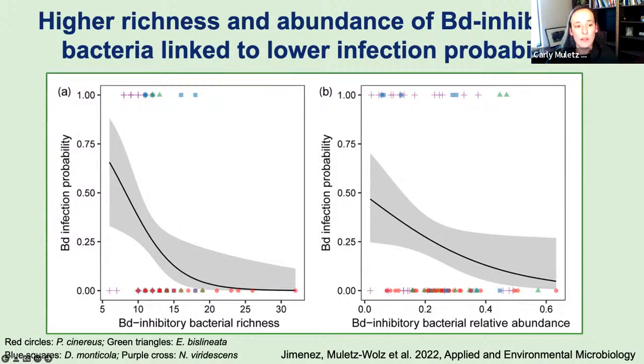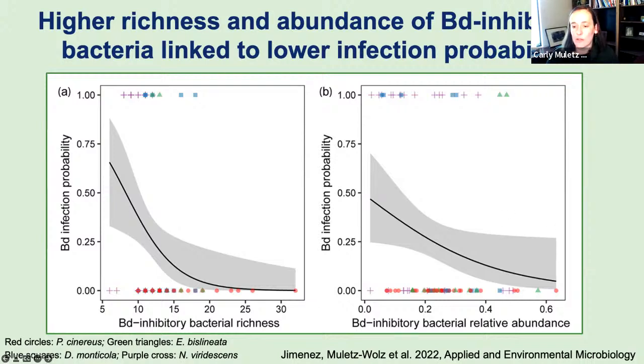So here's the likelihood of you being infected with BD, whether you're a newt, or a two-line salamander, a seal salamander, or a redback. And this is the richness, the number of BD inhibitory bacteria you have on your skin. So the more BD inhibitory bacteria you have on your skin, the less likely you are to be infected.